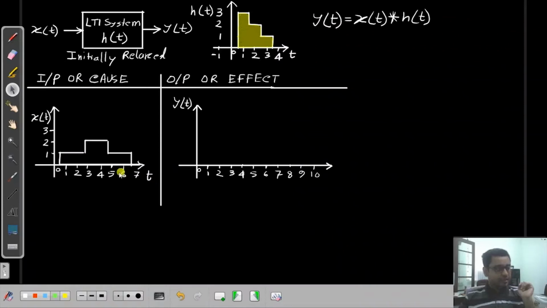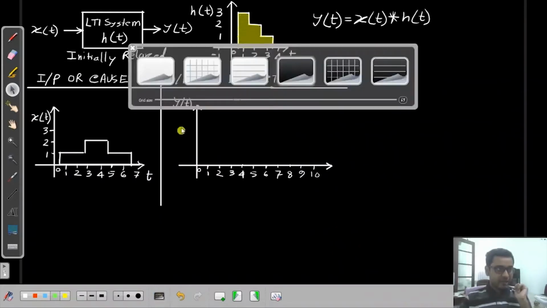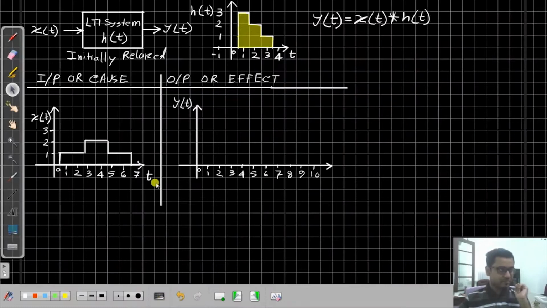For that, we shall chop this input into very narrow slices. Let me take a graph paper. Now let me slice this input into narrow slices like this. So this is one slice, this is another slice, another, this is one, this is another, and so on.